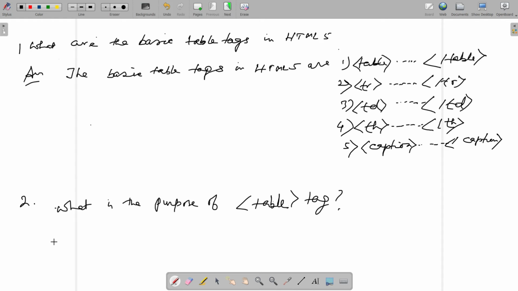The purpose of the table tag. You write. What will be the answer? You will write: the table tag is used to define a table in HTML5.